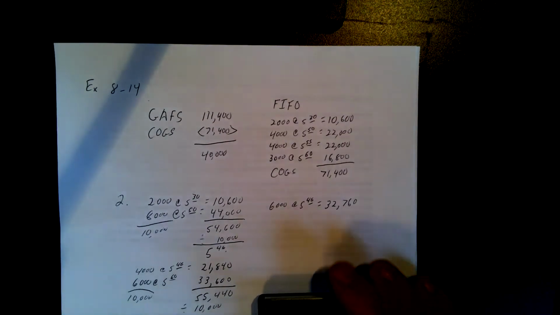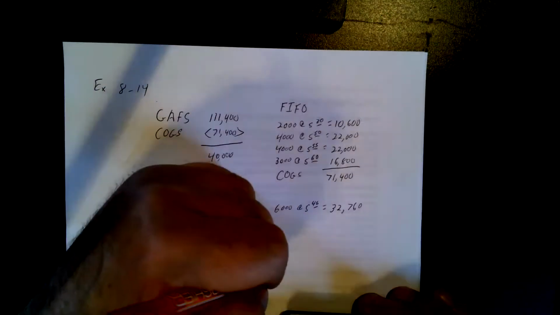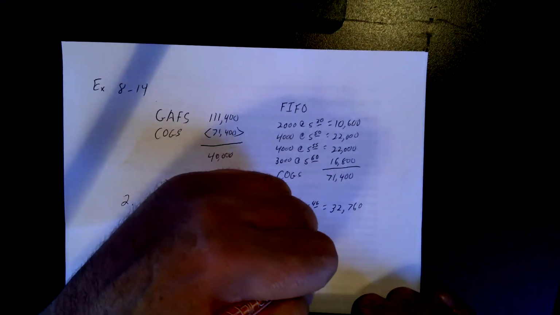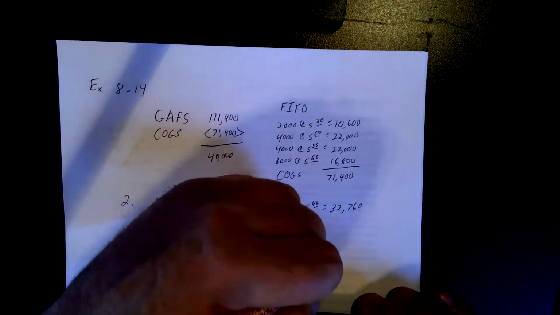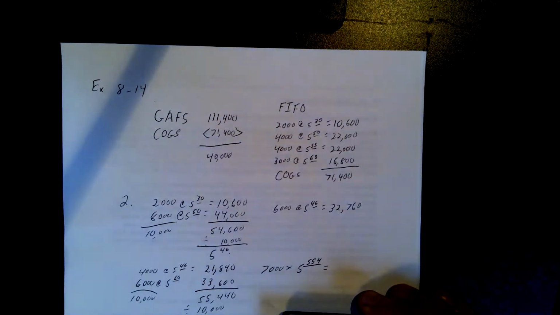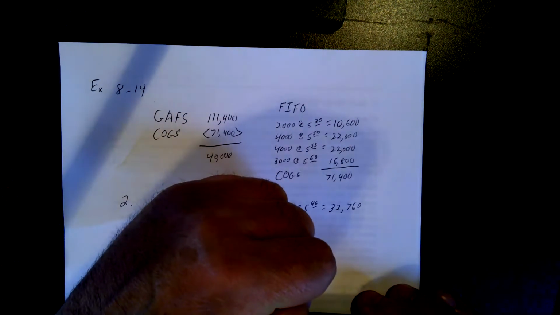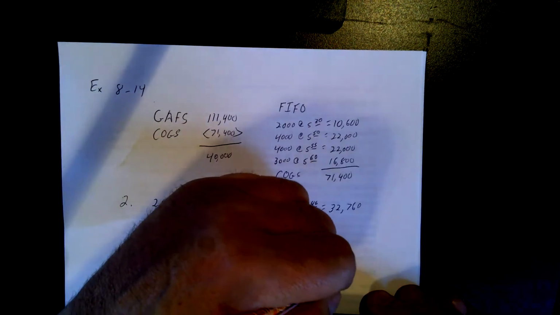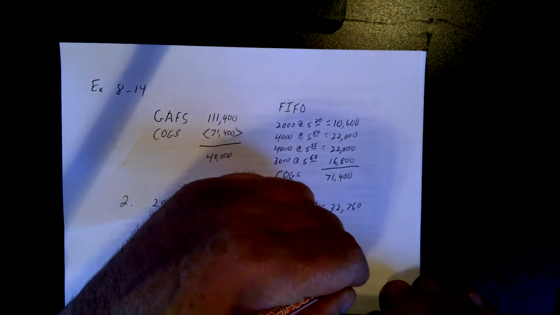Then at the time of sale, we sold 7,000 units times $5.544 equals 38,808.